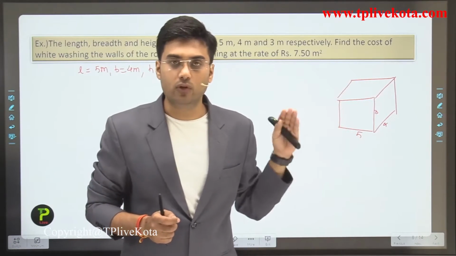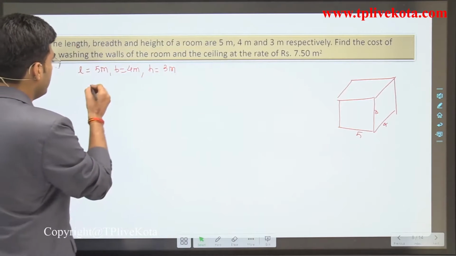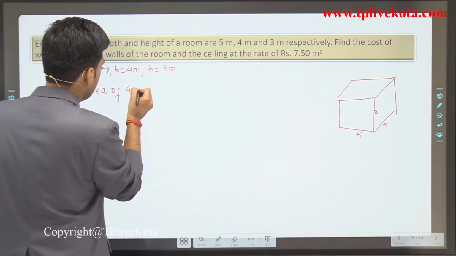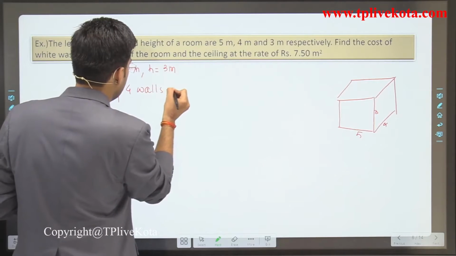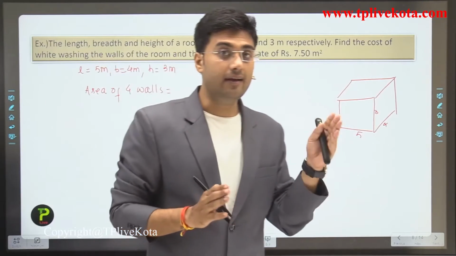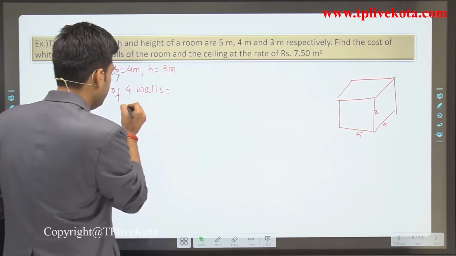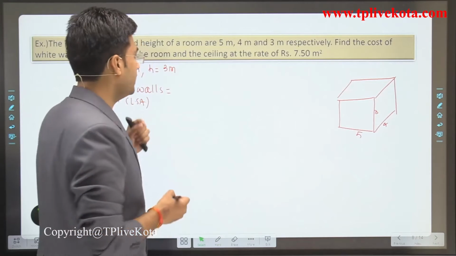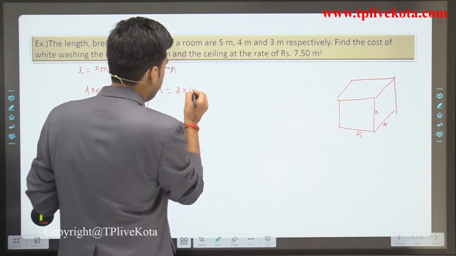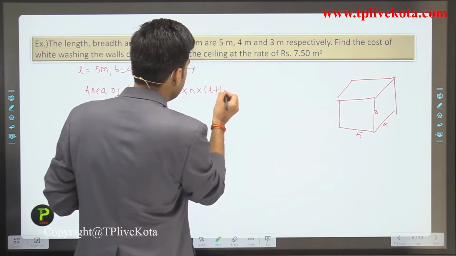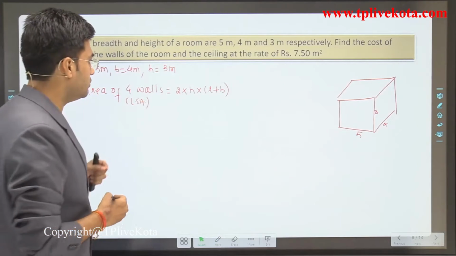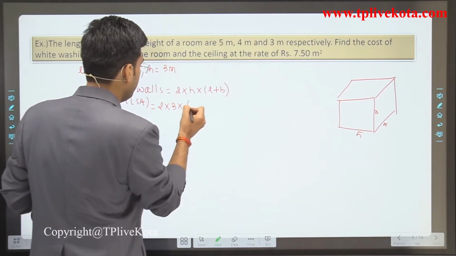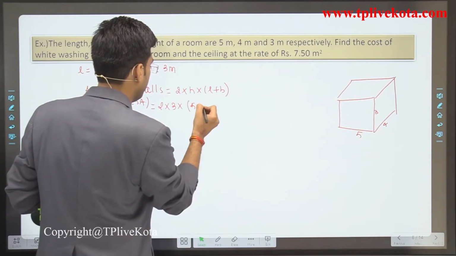Now students, first of all we have to find the area of 4 walls and the area of ceiling. Okay, so the area of 4 walls is nothing but the lateral surface area. And what is the formula for lateral surface area? It is equal to 2 multiplied by height multiplied by L plus B. So when we solve this, it is equal to 2 multiplied by 3 multiplied by 5 plus 4.